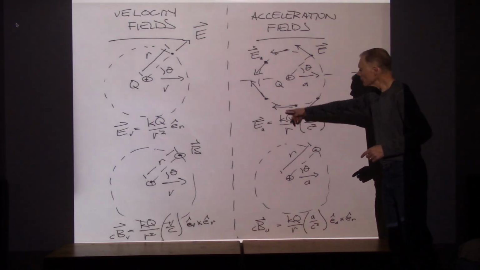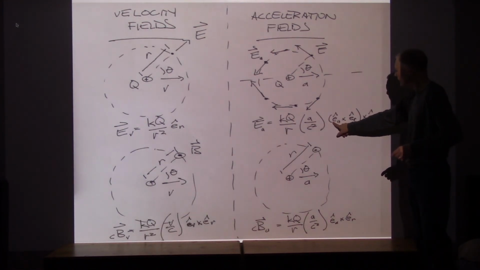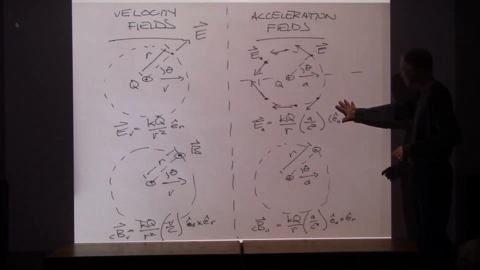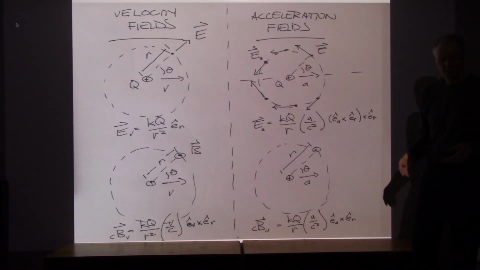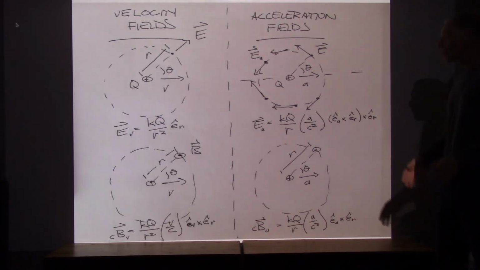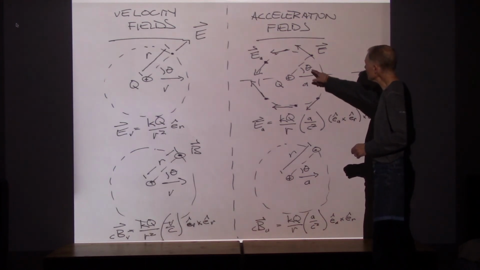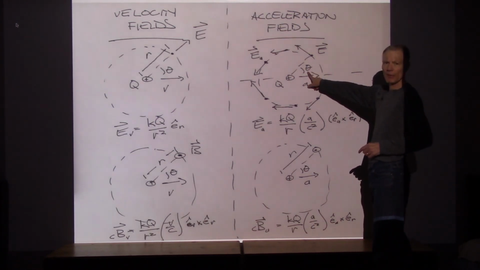The direction of the acceleration electric field is the unit vector acceleration cross the unit vector radial, and then that vector is additionally cross product with an additional radial, which sounds like a lot of work to do. The bottom line is that this introduces a factor of sine theta.